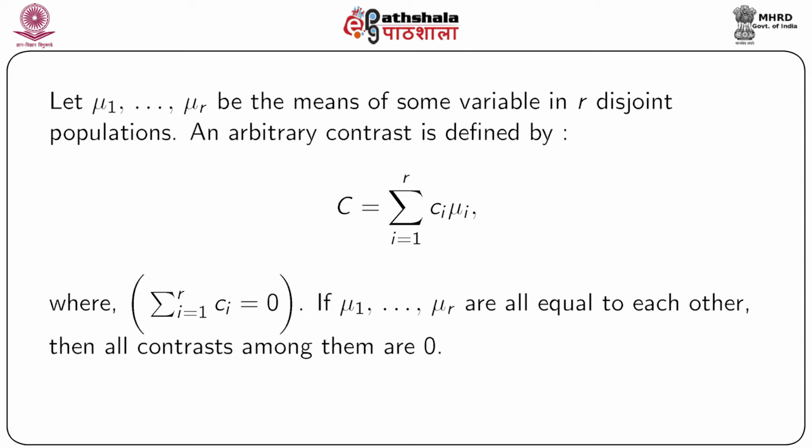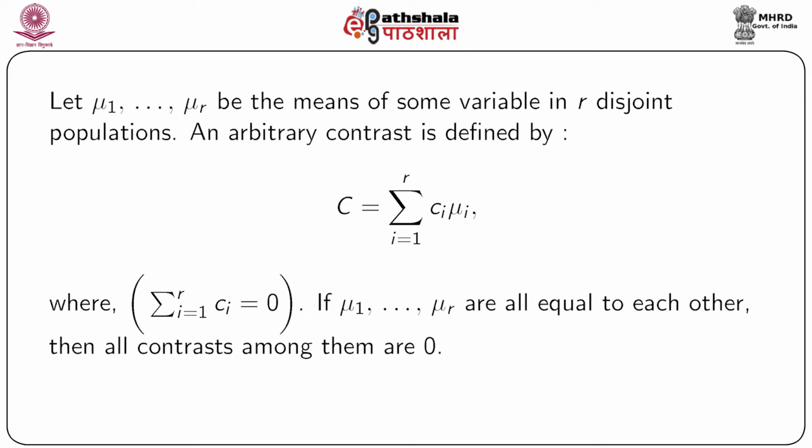Let mu_1, mu_2, ..., mu_r be the means of some variable in r disjoint populations. So some variable which we have measured for r disjoint populations, we want to test whether there is a significant difference between them, or they are all equal to each other.